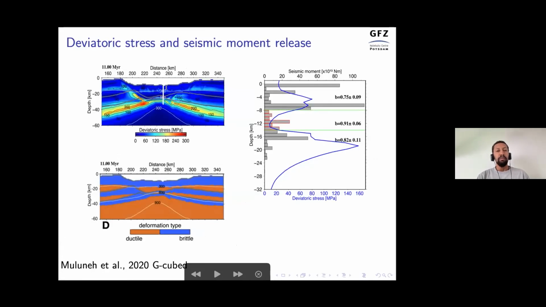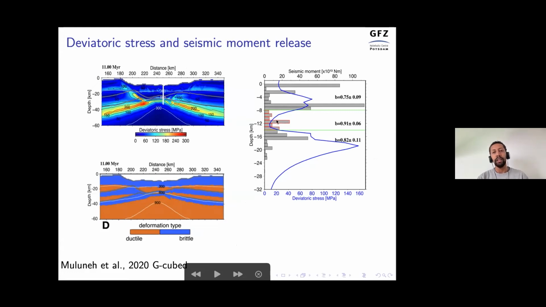So in the beginning, I mentioned that our main interest is to see what controls the seismic moment release and the depth distribution of seismicity. So we further process the results from ASPECT, and we computed the deviatoric stress. And as you see here, there is a perfect match between a peak in the deviatoric stress and a peak in the seismic moment release.